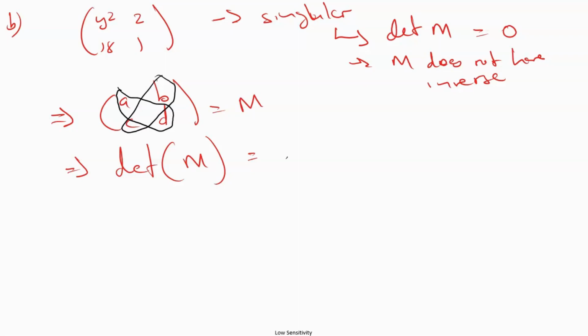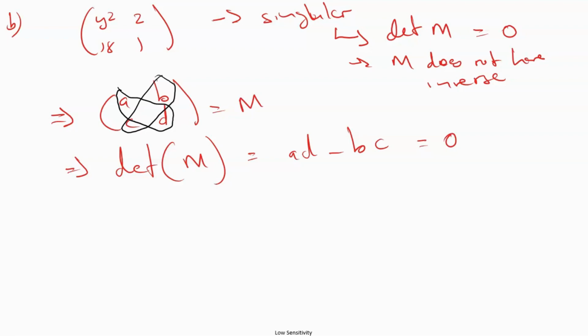So our determinant can be written as AD minus BC. But we know that our determinant is going to be 0 since this is singular.